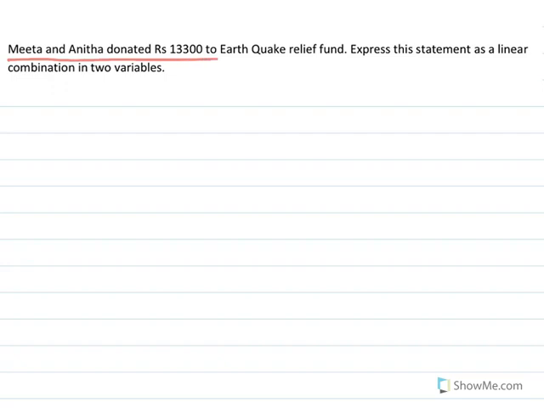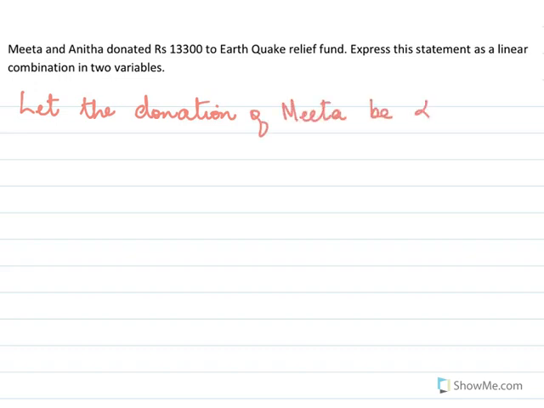Meeta and Anita donated 13,300 to the earthquake relief fund. Express this statement as a linear equation in 2 variables. So here we have the donation of 2 people, that is Meeta and Anita. So we'll say let the donation of Meeta be X rupees and that of Anita be Y rupees.